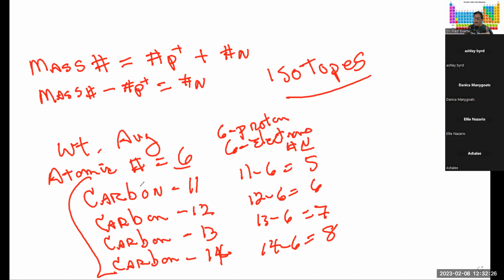Now, these isotopes, okay, there's a percentage of carbon in nature, okay? And so if we were to average these numbers up, 11, 12, 13, and 14, what would be the average, you think? Straightforward average, what would that be?